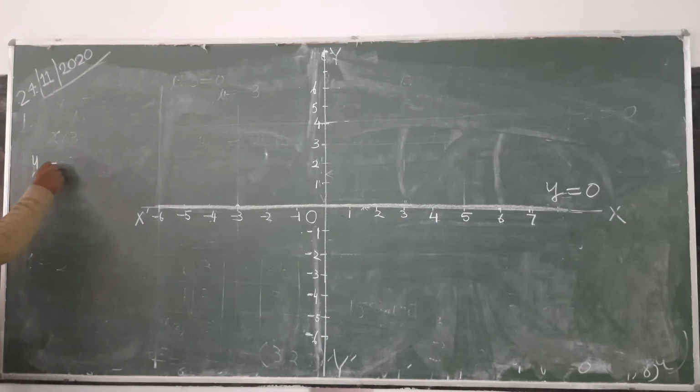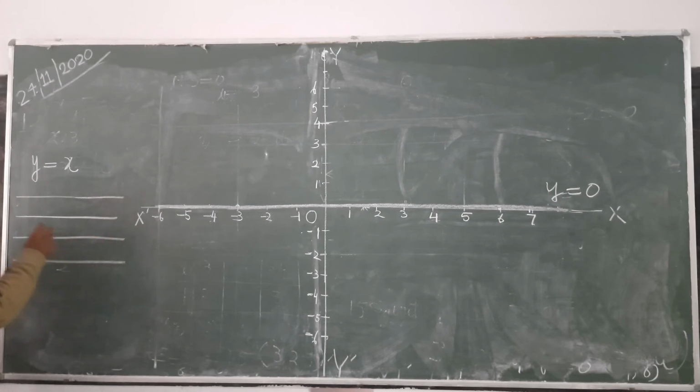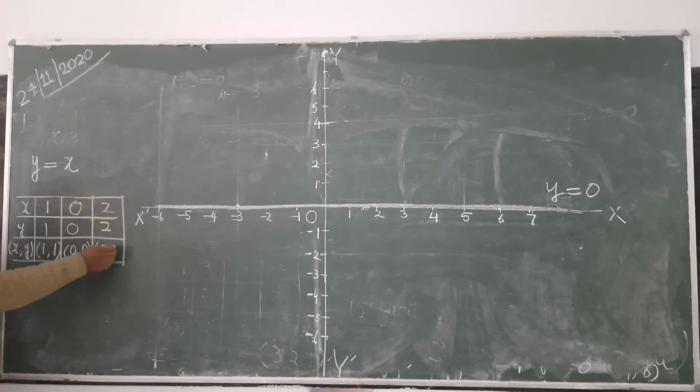Y equals to x means you can see here, you make the table. Here you take x, y, x comma y. When x is 1, y is also 1, the point is 1 comma 1. When x is 0, y is also 0, it is 0 comma 0. X is 2, y is also 2, it is 2 comma 2.